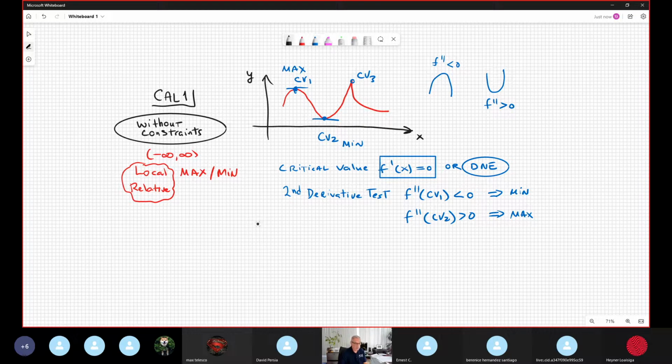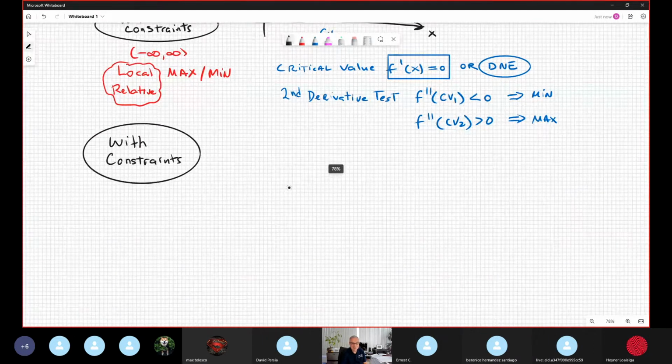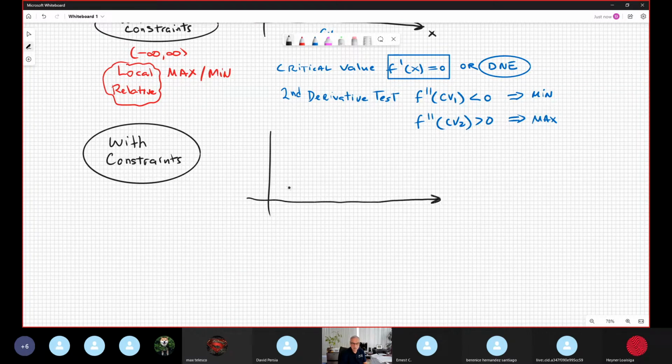Complement, like with constraints. With constraints. What does that mean? Well, okay, we don't use all real numbers. We restrict the analysis to one specific region, one specific domain.